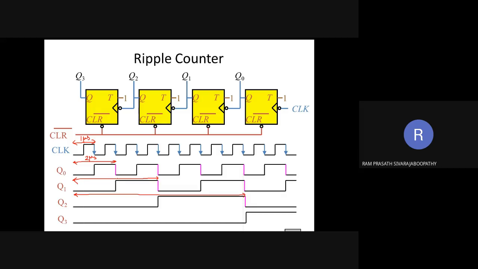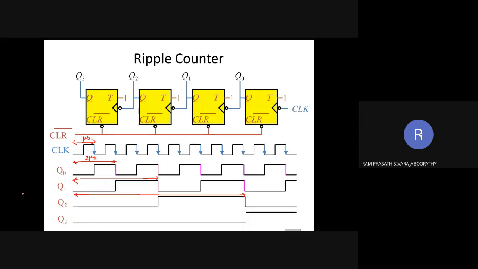So if I take the T inputs of all flip-flops as common and give 1, they keep toggling when we give the clock. Correct? If you give 0, it will maintain in memory state. I will demonstrate this circuit in our simulator. I will build it and show you.